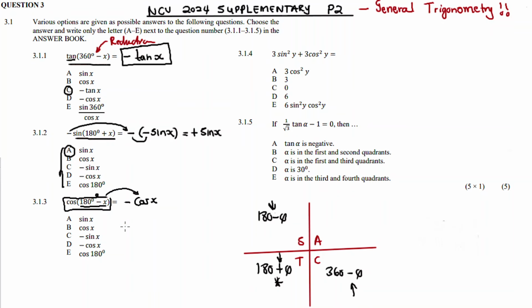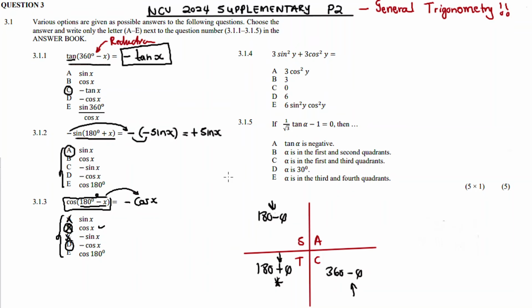Now you are given four options to choose from. A is out of the picture. B is out of the picture, and C as well. So it seems like our answer is D.